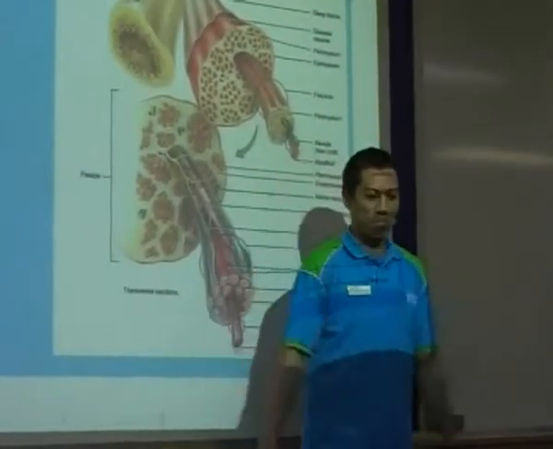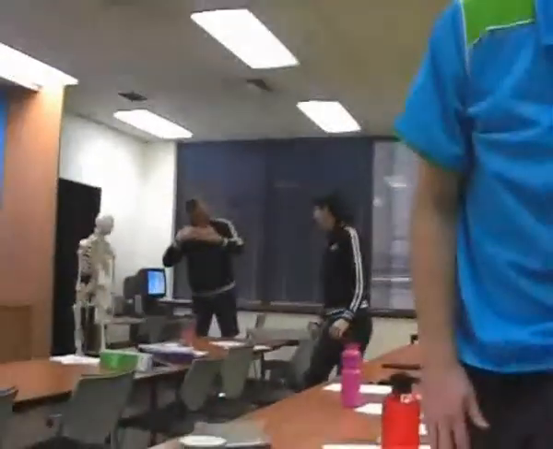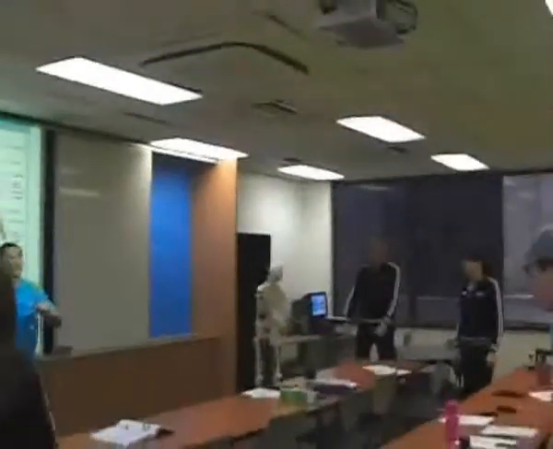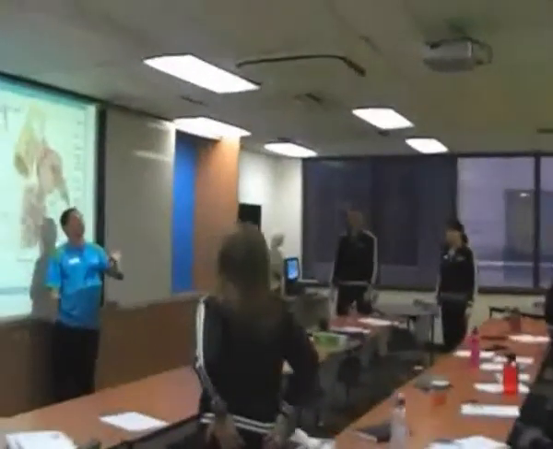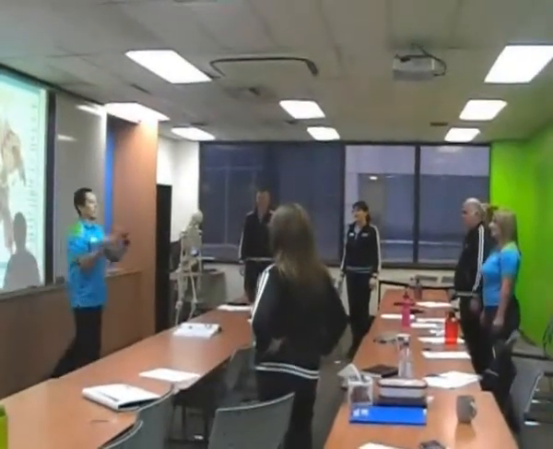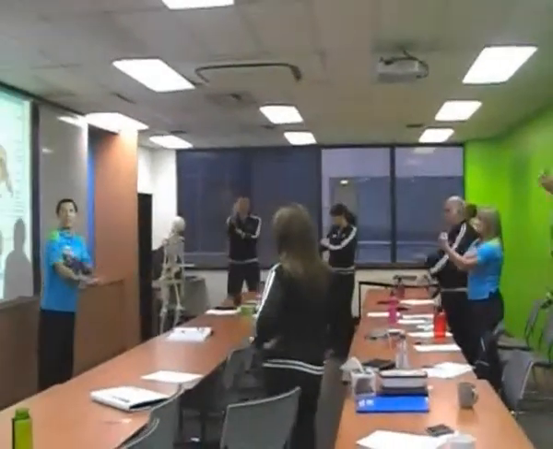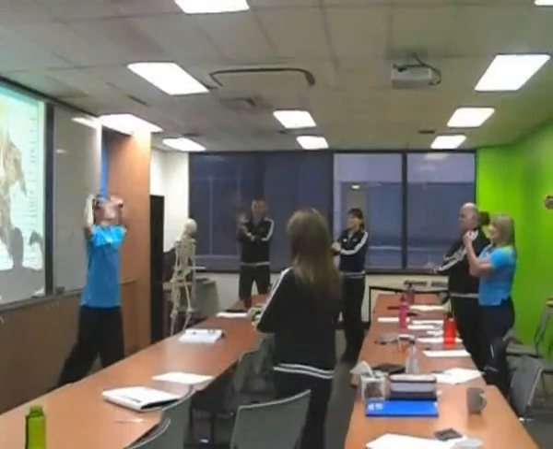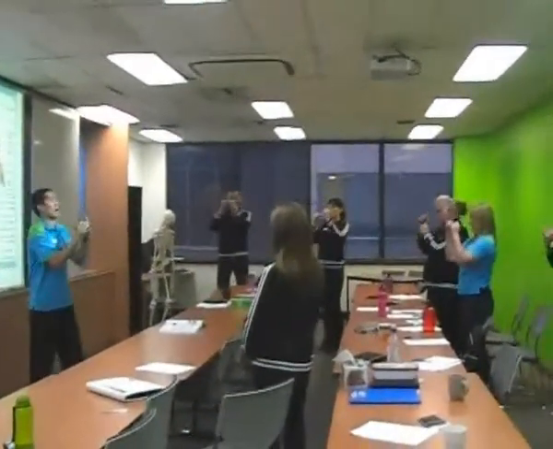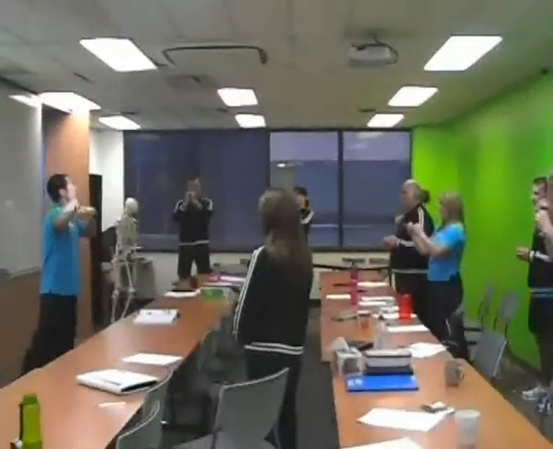Alright, so now what we're going to do is, you're going to tell me. So everyone stand up. Okay, here we go. Let's shake it up. The bone attaches the muscle via tendon. Excellent. Now let's go to the muscle belly. Everyone grab your fleshy part. Muscle belly is made up of bundles of muscle fiber. Bundles of muscle fiber are made up of single fibers.